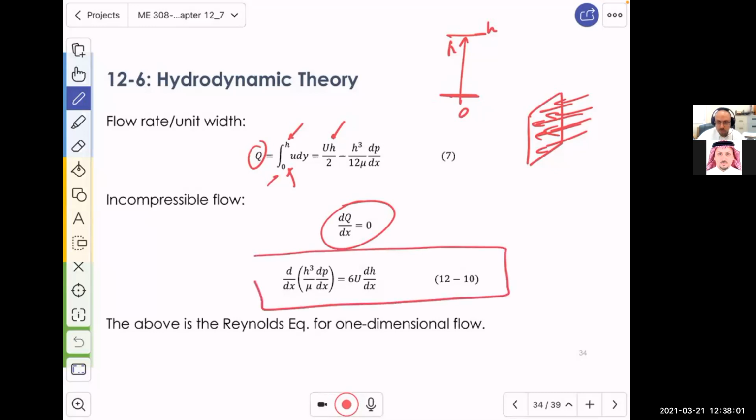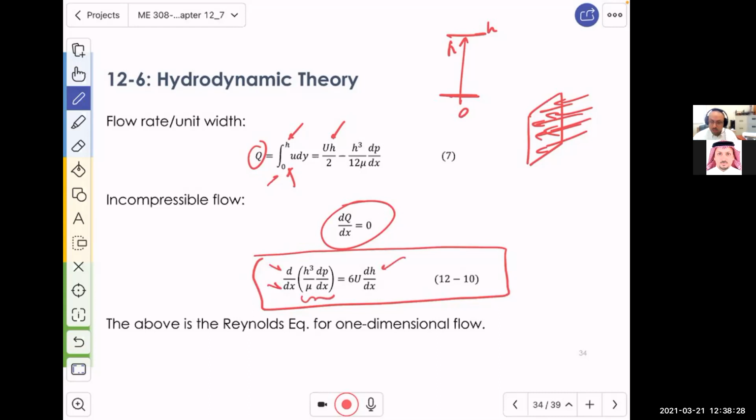Now look at it. It's the change with respect to x of this, which is h cubed divided by mu, multiplied by the rate of change of the pressure, dp over dx, is equal to 6 times u multiplied by dh over dx. This is called Reynolds equation for one-dimensional flow.